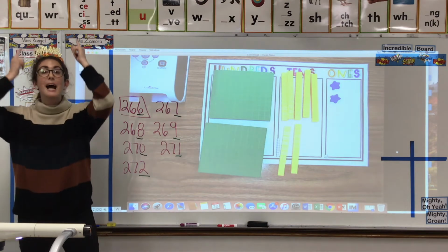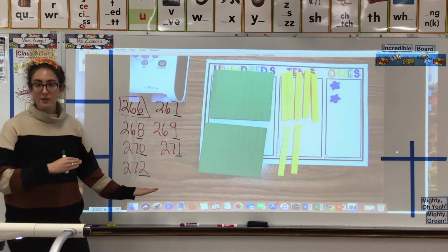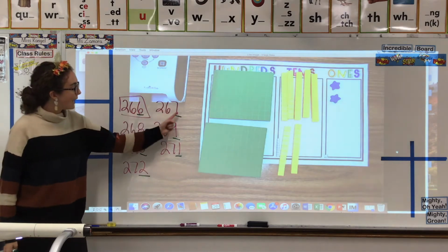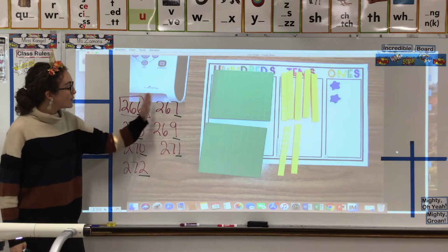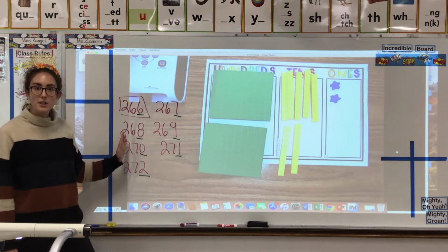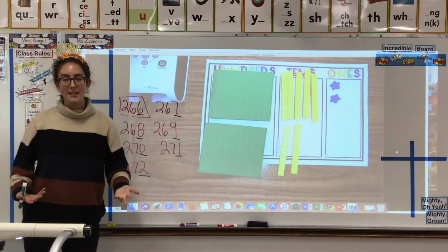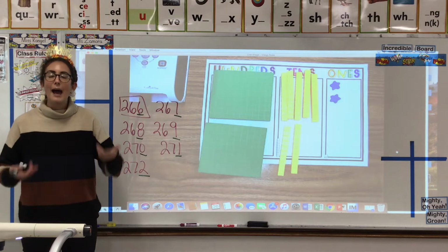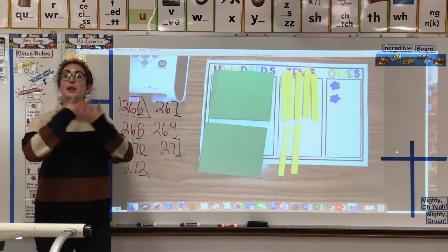We were counting up by ones, exactly. So the pattern for this sequence was we were adding 1 every single time. That was what was the same between each number. We were adding 1 every time we counted. It was repeating. That was the pattern. Okay, let's keep counting a new sequence.